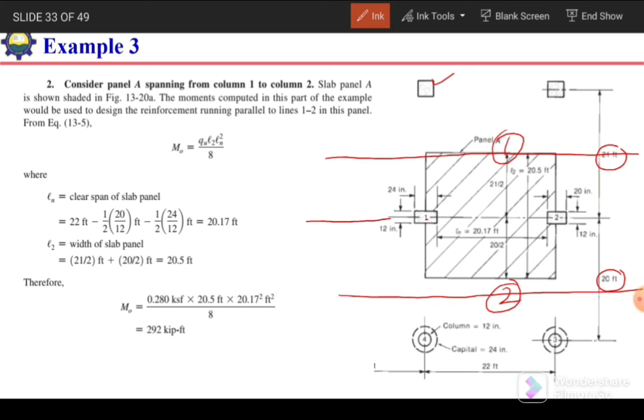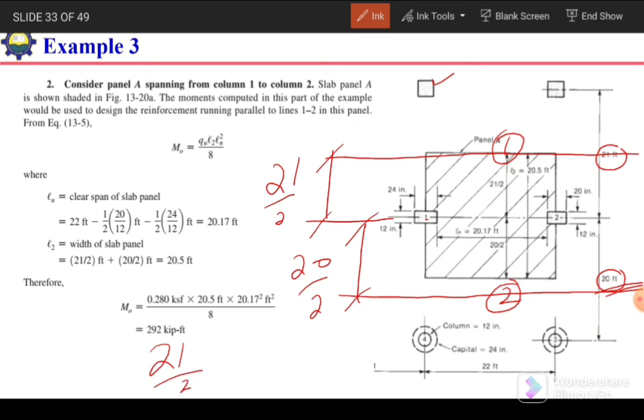So from the center line of the column up to the center line of the panel, the distance will be 21 divided by 2. Similarly on the other side, from the center line of this column 1 and 2 up to the center line of the panel 2, the distance is 20 divided by 2. So 21 divided by 2 plus 20 divided by 2 will give us 20.5 feet.